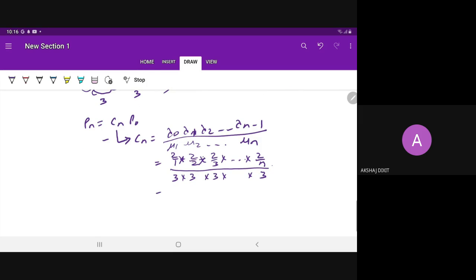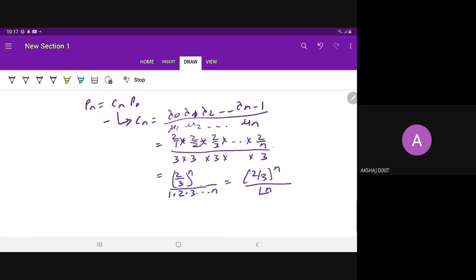So you can write it as 2 by 3 power n upon 1 into 2 into 3 into n. So that can be written as 2 by 3 power n upon factorial n. That is your Cn.